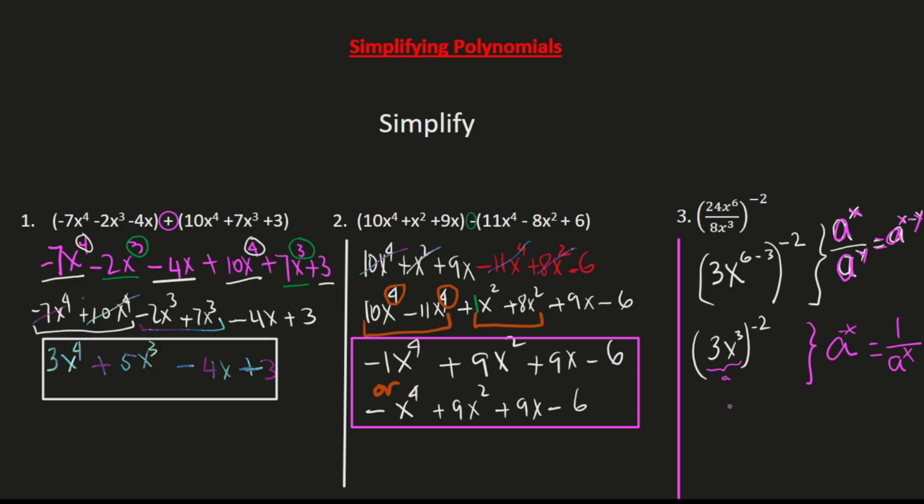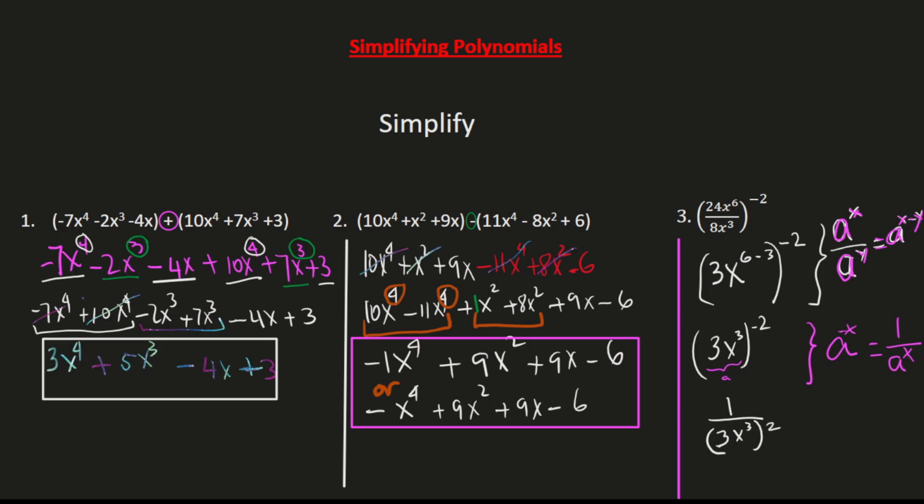So this is going to be equal to 1 over 3x cubed, to the square. You see I change the sign of the exponent.